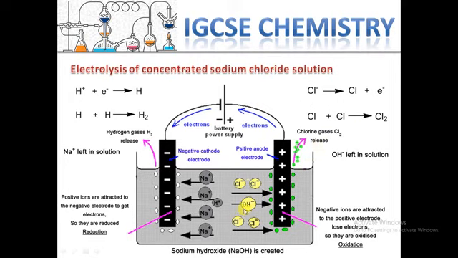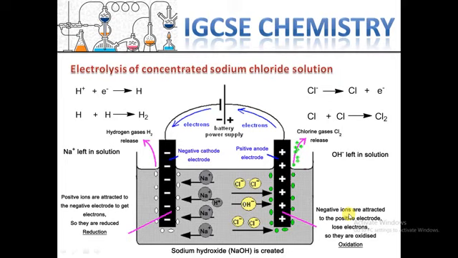So what happened to the hydroxide? Hydroxide is left in solution, it stays in solution and cannot move out of the system. When the chloride ion gives the electron, it moves toward the positive side of the battery. What kind of reaction do we have here?